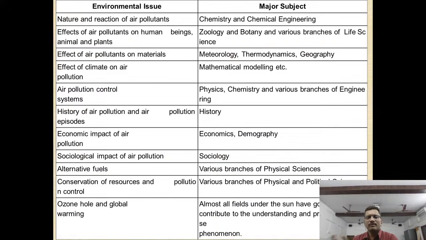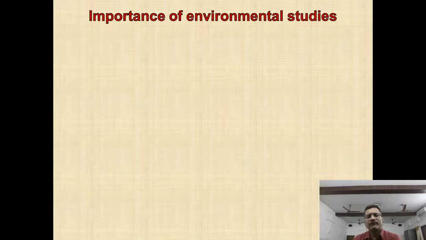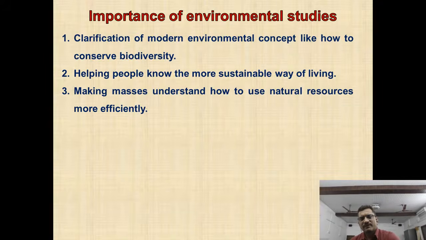So economics and demography are the sciences which are dealing with this. Sociological impact of air pollution will be dealt with by sociology, and this is how the various environmental issues are dealt by or are related to one or the other social, pure or humanities sciences. This is how the integrated approach of the environmental studies is concerned.